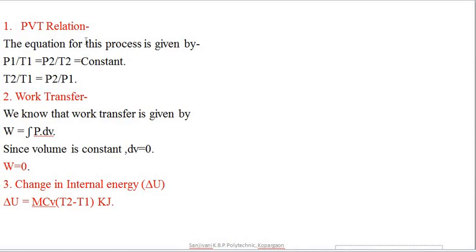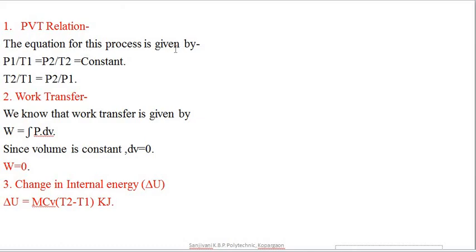So the equation for this process is given according to Charles' law. We have already seen that when volume remains constant, pressure is directly proportional to temperature. So the governing equation we have seen in the case of Charles' law is P by T equal to constant.